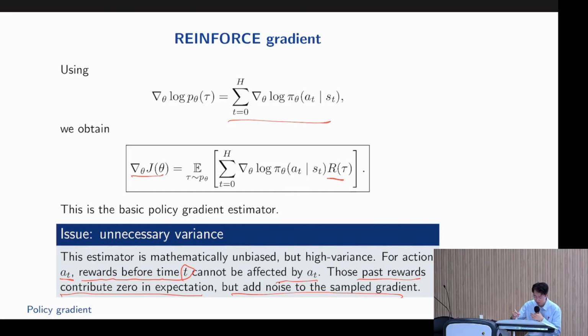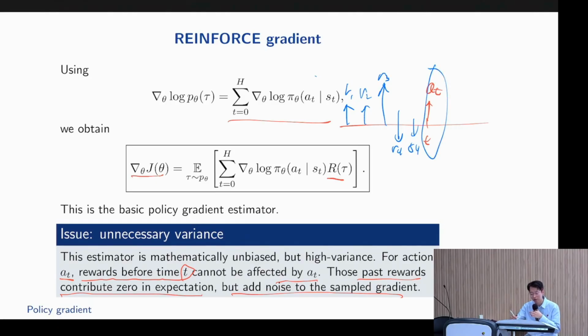Just look at it in terms of some time t, and let's say we're going to execute some action a_t. Whatever rewards we had here, these rewards R1, R2, R3, R4, R5 cannot have been influenced by action a_t.